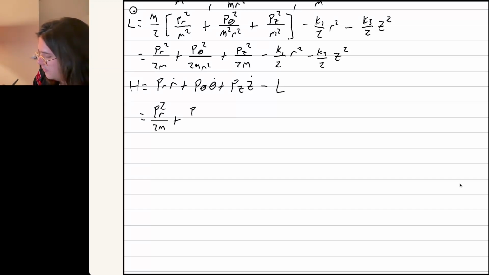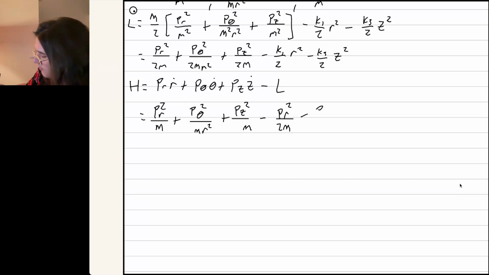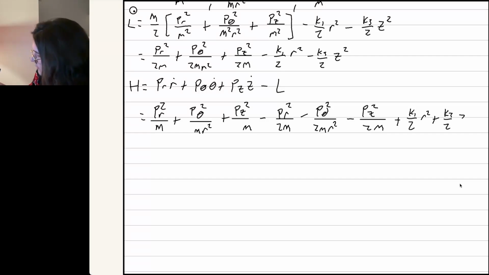It's going to be p r squared over m, p theta squared over m r squared, and p z squared over m, minus the Lagrangian, so this stuff. Actually, that's not 2, I'm jumping the gun. Minus p r squared over 2m, p theta squared over 2m r squared, p z squared over 2m, plus k1 over 2 r squared plus k3 over 2 z squared.